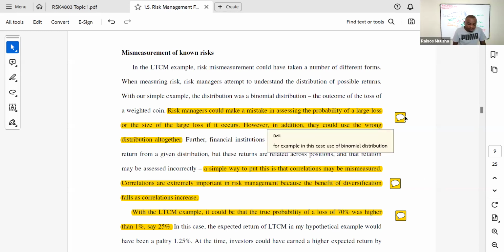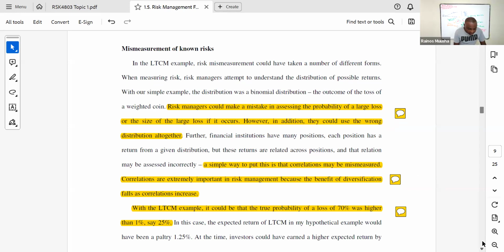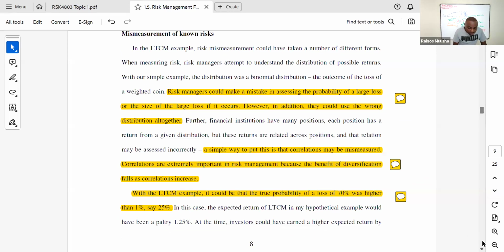For example, they can use a binomial distribution where they're supposed to be using the normal distribution. A simple way to put this is that correlations may be mismeasured. Correlations are extremely important in risk management because the benefits of diversification fall as correlation increases. Now, what do they mean by correlation?